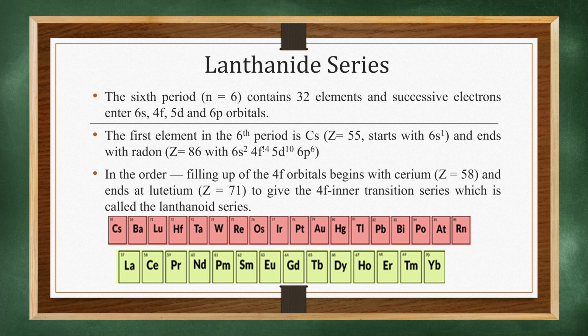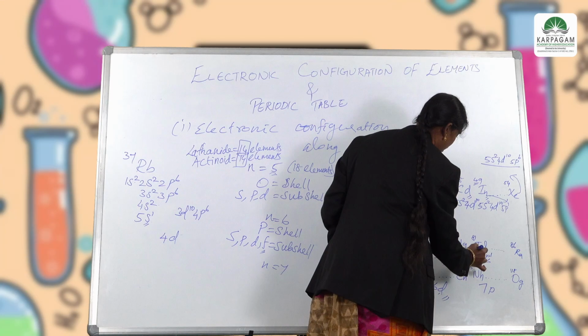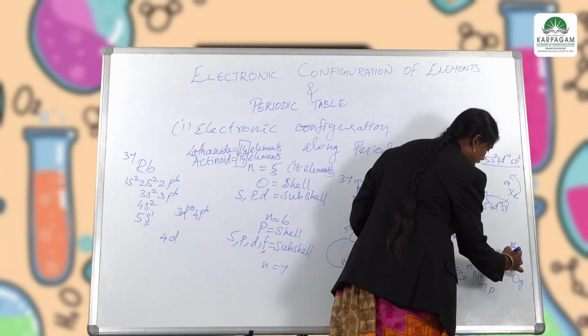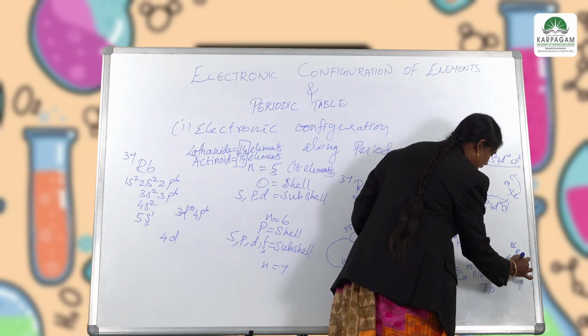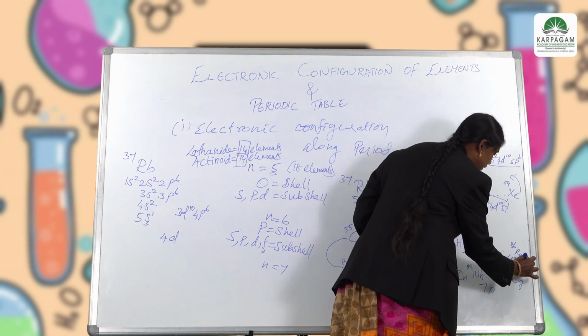So after that, in the 6th period, thallium is the first element of the p block elements. Here the thallium atomic number is 81 and its outermost configuration is 6p1, and for radon that is 6s2 5d10 and 6p6.